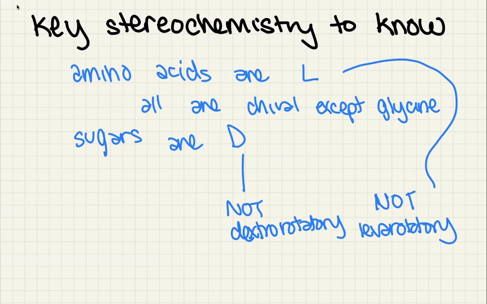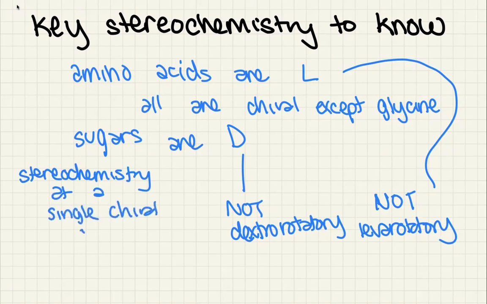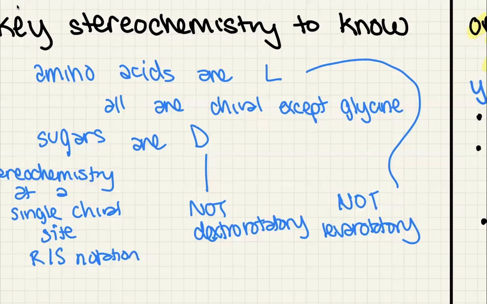So don't confuse this with the chemistry notation. And then if we want to talk about the stereochemistry at a single chiral site, we can use the RS notation. But we won't be using that often, but just be familiar with it.